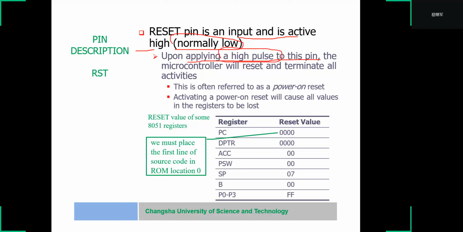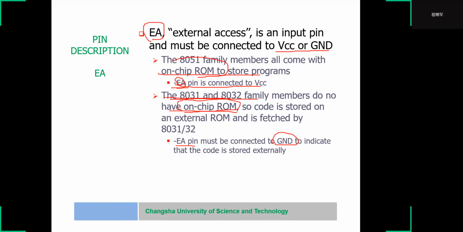So the EA pin is connected to the ground. This connection tells the microcontroller the program is stored on the external ROM. So we can use EA in 8051. That's my question. We can also add external ROM to 8051.